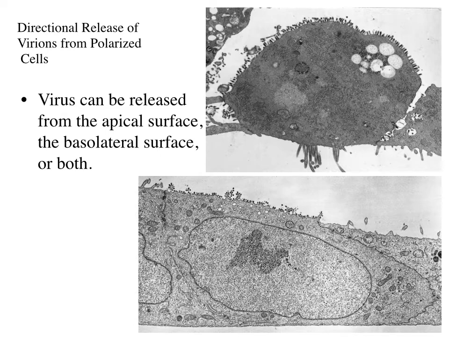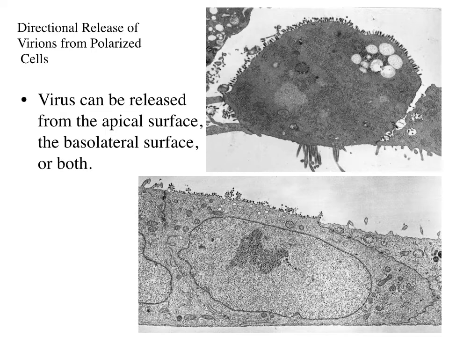So, for instance, enteric viruses in the feces. Think about poliovirus. It enters through the alimentary tract. It replicates, and one of the primary ways it's being spread is through fecal-oral contamination. So the virus is released back into the feces. Hepatitis A has a similar kind of pattern.